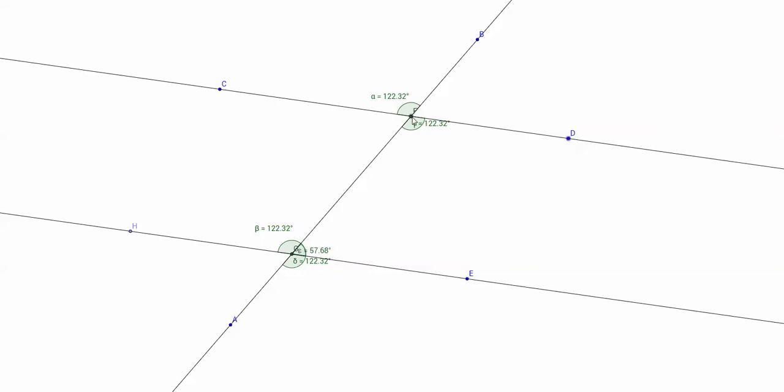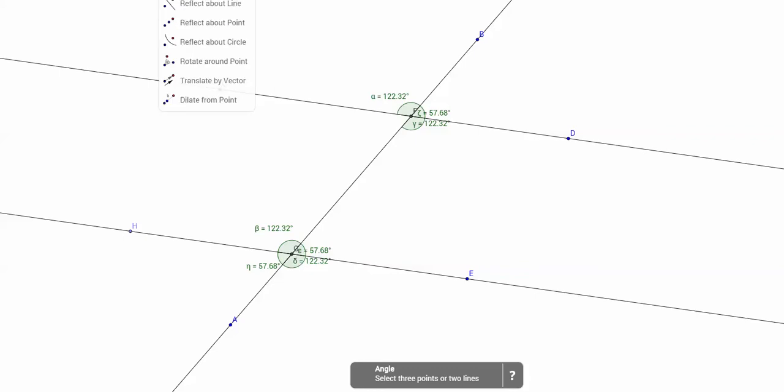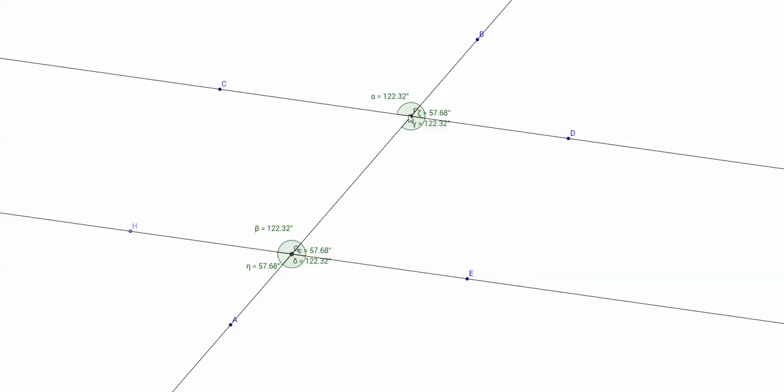Oops, where'd the other one go? Now, by vertical angles, this one's going to be 57.68. Went the wrong way. It's a little hard to see, but it's in there, 57.68. And then let's measure the last one here. Getting lots of angles here, but there's 57.68.